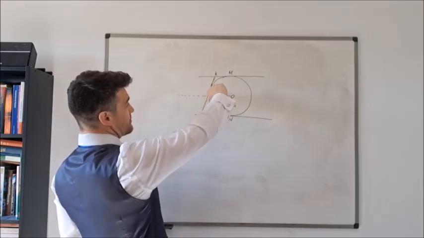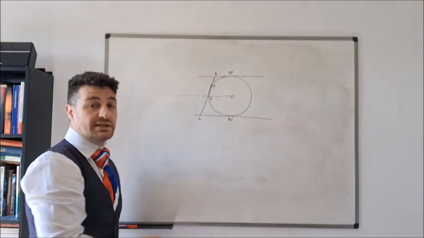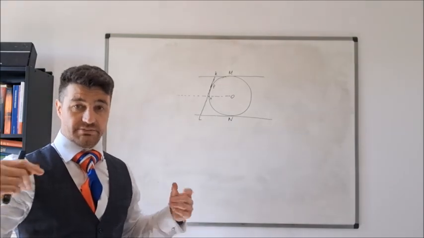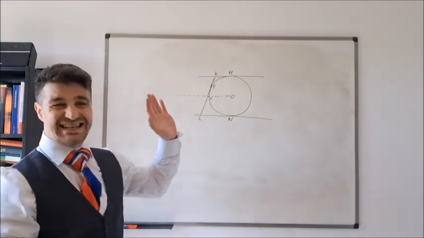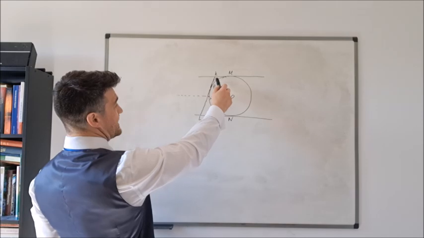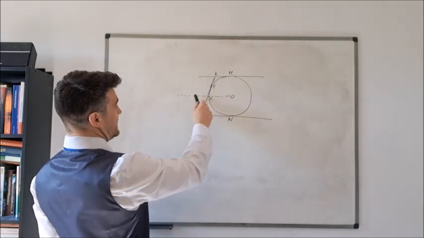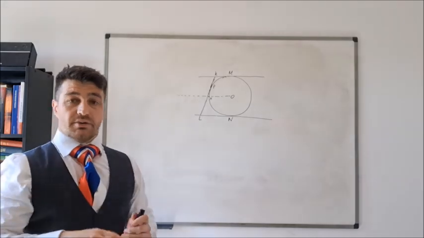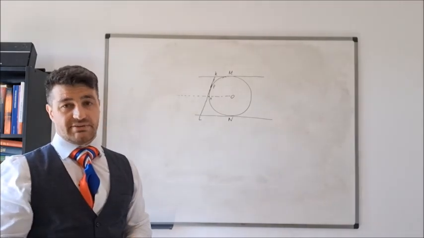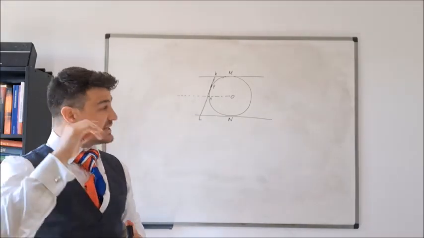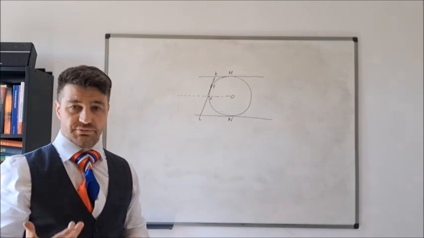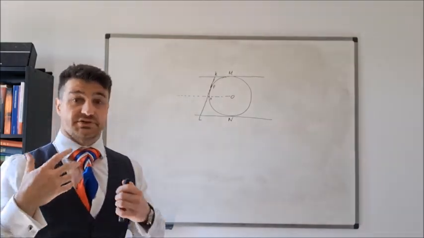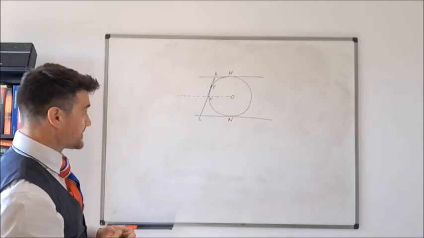As P moves around here, what we're going to find is that the length of the line KL is going to increase. And I'm going to show that in a second. So it's easy to see that from a diagram, because if I draw P up here, I'll draw a line that's evidently much longer than this one. But again, we don't make inferences directly from the diagram. We need to go through some suitable logical deduction to substantiate our claims.